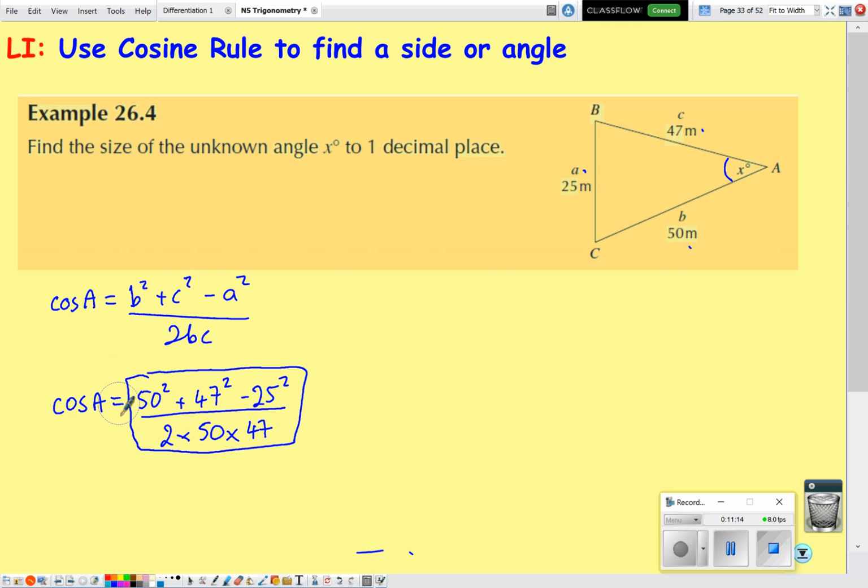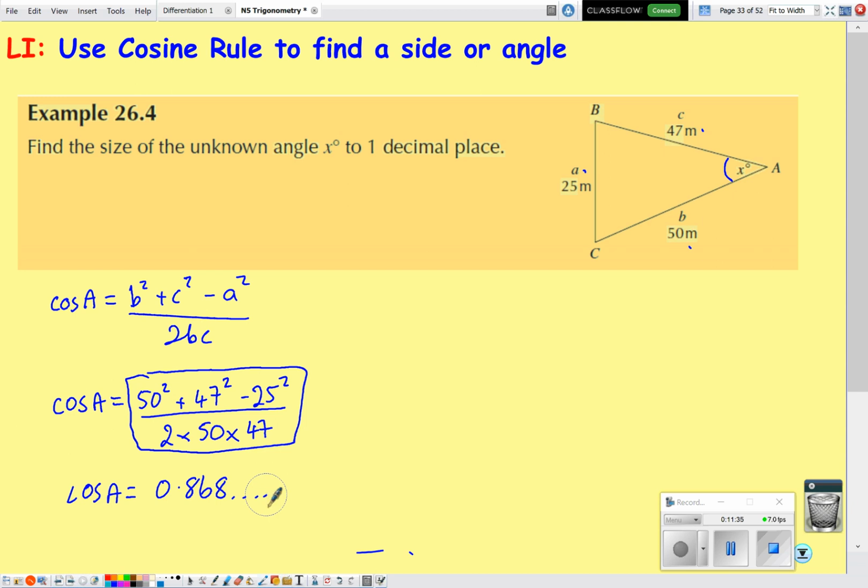Alright. When you put that all into the calculator, you will be told that the cos of A is equal to 0.868, and then a whole string of numbers after that. Don't clear the screen. What you want to do is write down that that's what you've got.